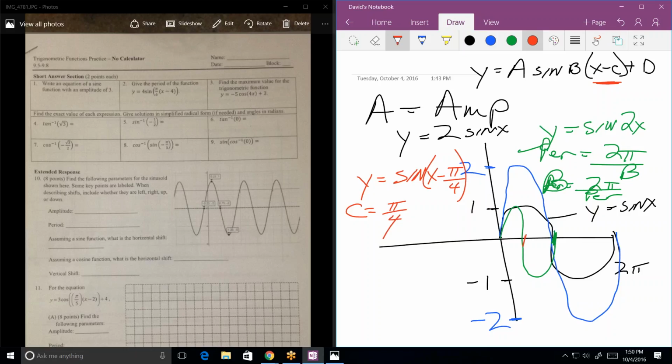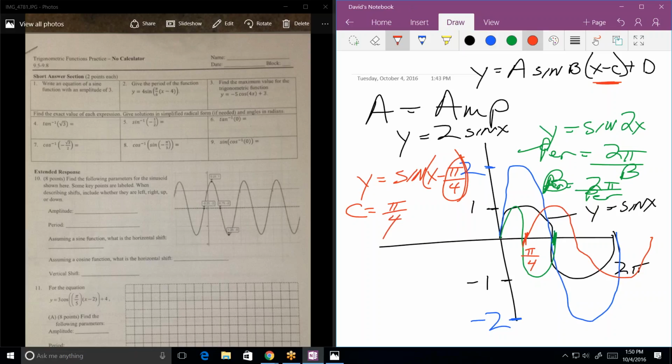There's pi over 4 right there. So instead of starting it at the origin, I'm going to start it there, and nothing else changes. It does not change the shape of the black curve. It just horizontally shifts it to the right by pi over 4. How do you know that pi over 4 is there, though? Because that's what it says in the function right there. That's what c is.